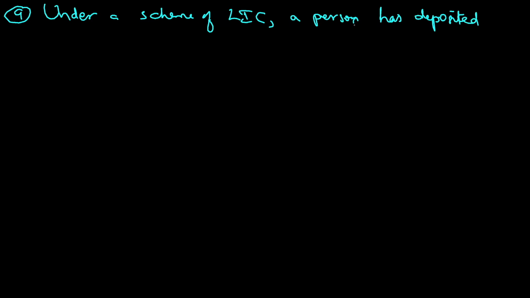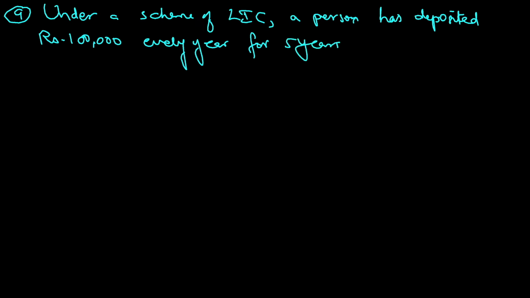Next sum. Under a scheme of LIC, a person has deposited rupees 1 lakh every year for 5 years, starting from the first year.